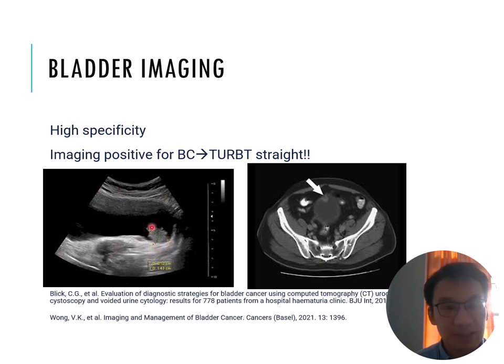You can pick up something in the bladder, and this is the CT image. You can see there is a growth in the bladder. If the imaging shows positive for bladder cancer, you don't really need to do a flexible cystoscope to confirm the bladder cancer. You can subject the patient to on-table cystoscope and transurethral resection of bladder tumor straight away.